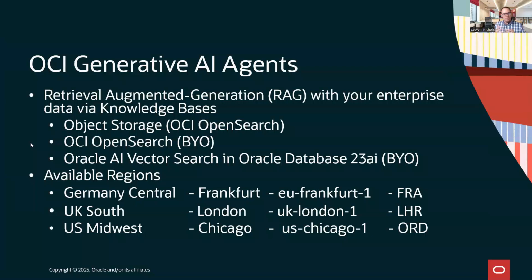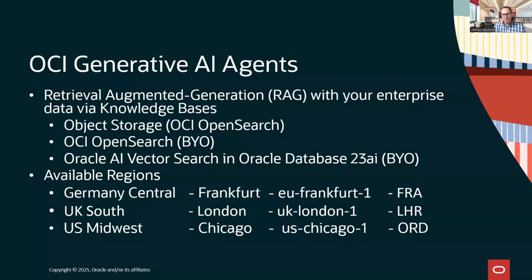Now, this is a somewhat new offering. Again, it's another option which allows you to ask natural language questions against your data. The way OCI Gen AI Agents work is they leverage what's called knowledge bases. Currently, there are 3 supported knowledge bases in Gen AI Agents.